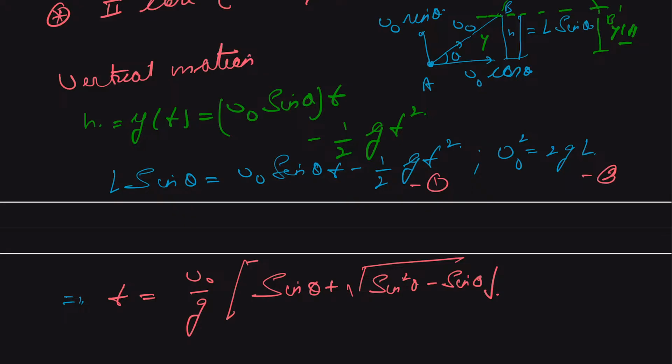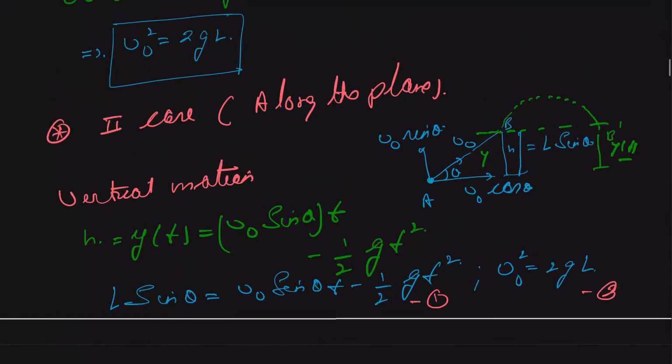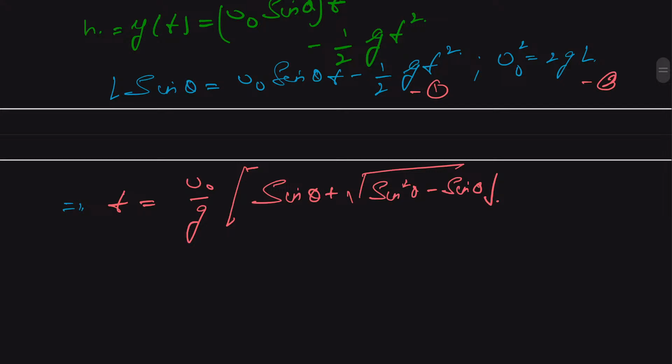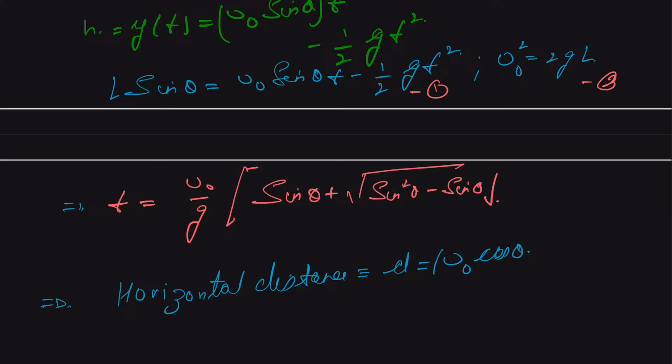And the distance between B and B prime is given to us as d. Therefore, we can say that the horizontal distance is our d, which is our horizontal velocity v cos of theta multiplied by time t.